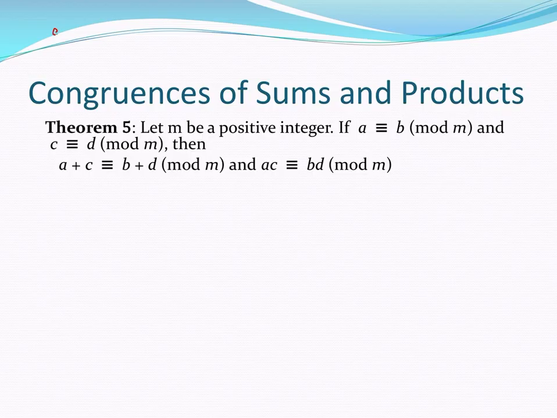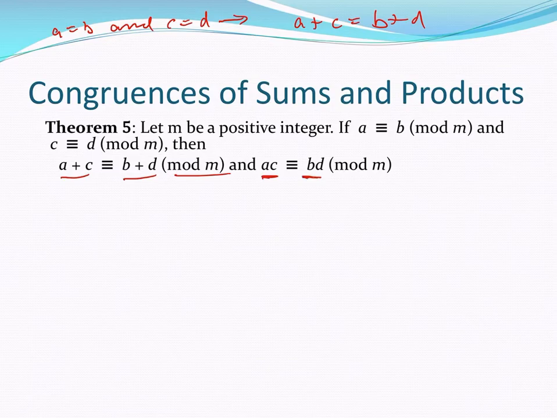Similar to a equals b and c equals d implies a plus c equals b plus d, we can do the same thing with congruences. a plus c is congruent to b plus d mod m when a and b are congruent mod m and c and d are congruent mod m. And the same thing will be true for products, just like it would be for an equation: ac would be congruent to bd.